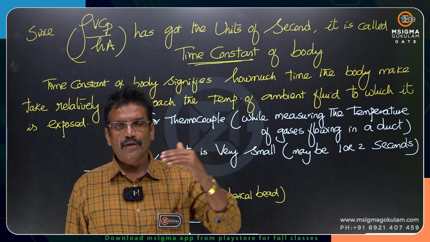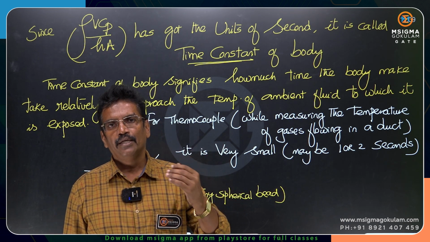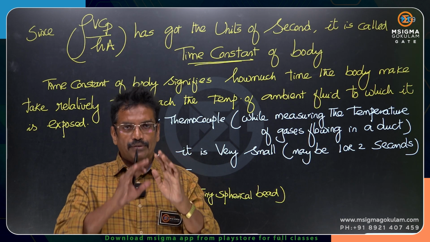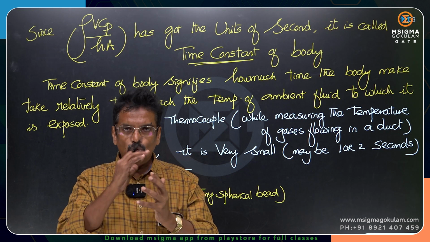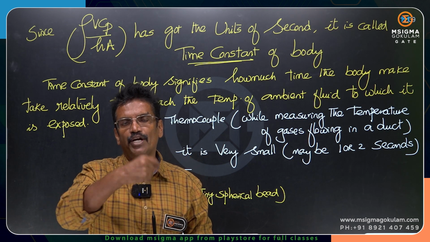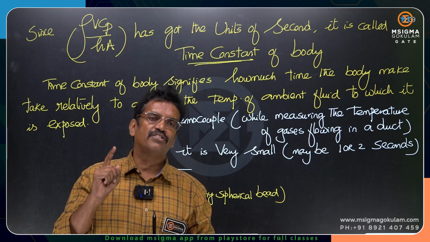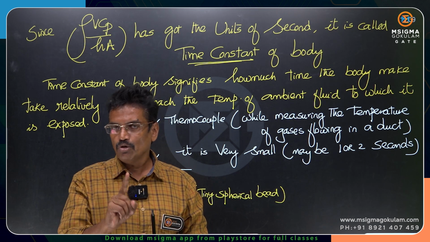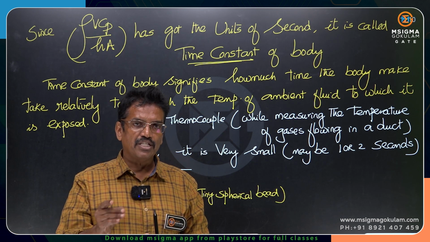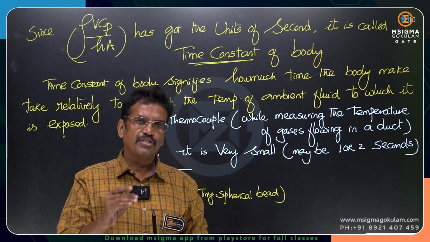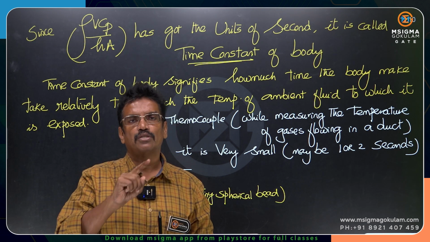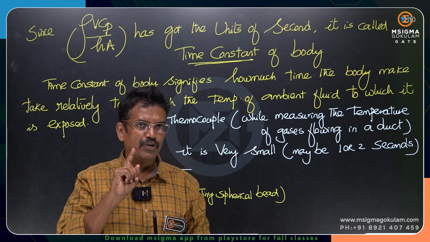Uniform means same at every location within the body at any instant of time. No doubt the temperature of the body is decreasing with time, but if you consider the body at any particular instant, the temperature throughout its mass is uniform or same at every location.